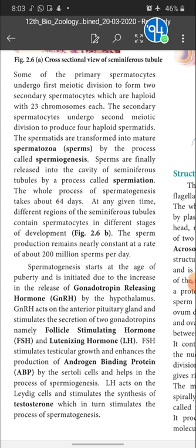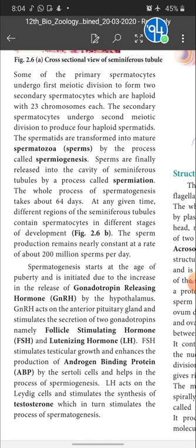FSH, that is follicle stimulating hormone, stimulates testicular growth and enhances the production of androgen binding protein by the Sertoli cells and helps in the process of spermiogenesis. So, androgen binding protein is the protein produced by the Sertoli cells and it helps in the process of spermiogenesis.